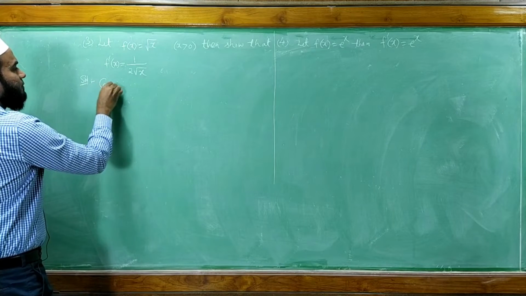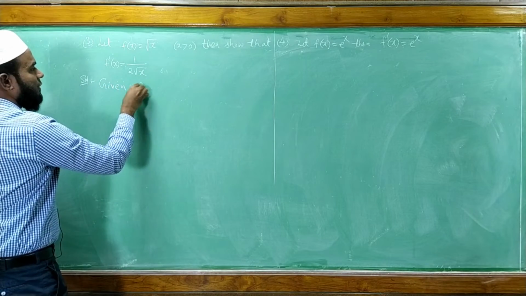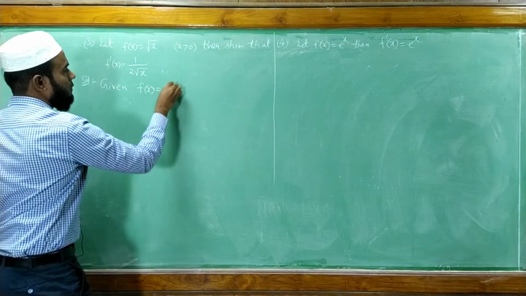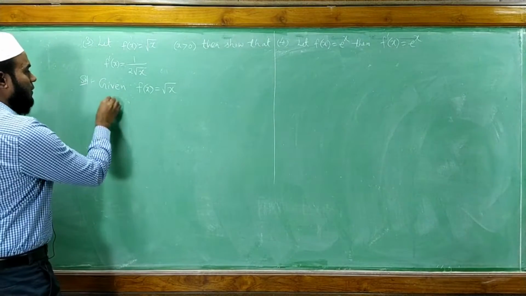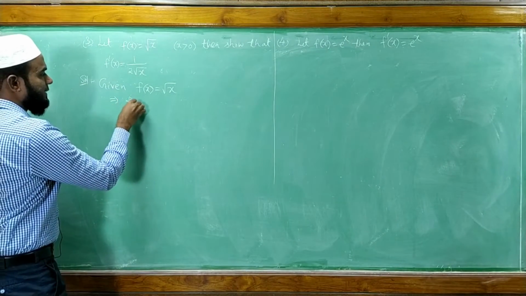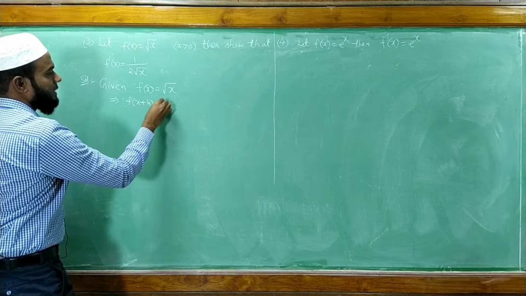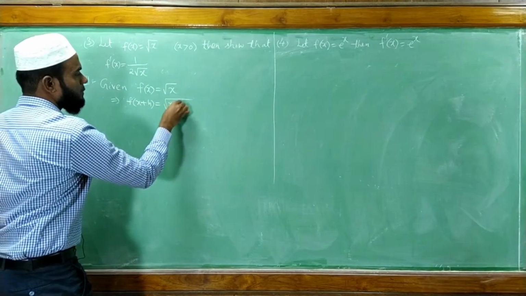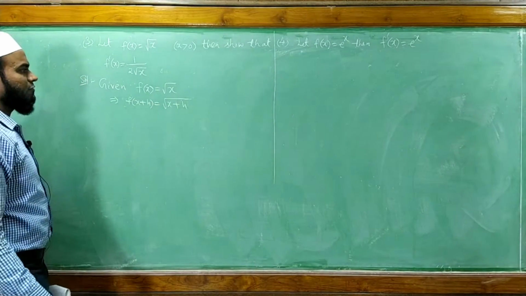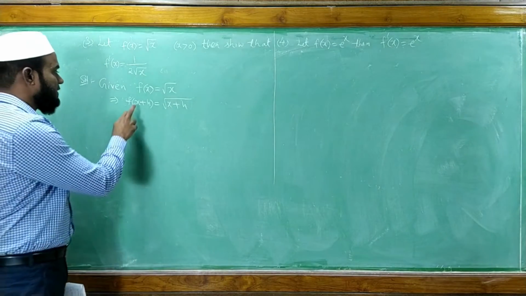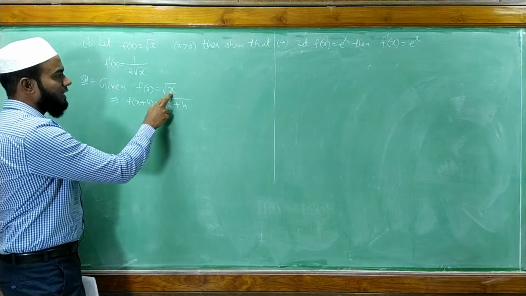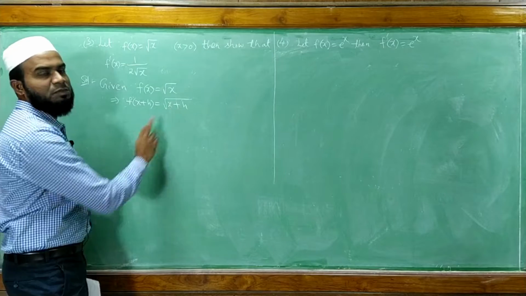So what is given? Given f of x equals root x, then what will be f of x plus h? f of x plus h will be root of x plus h, right? Wherever x is there, we have to replace that with x plus h.